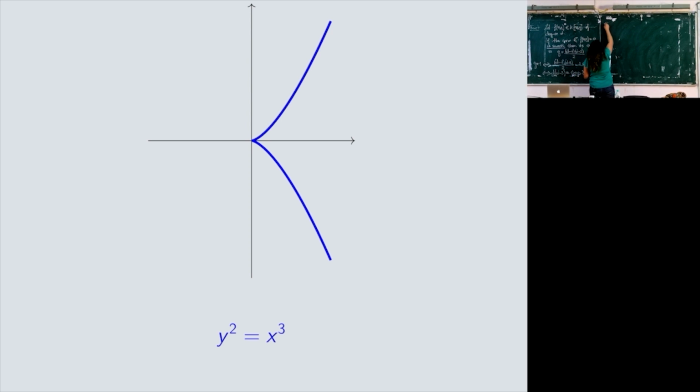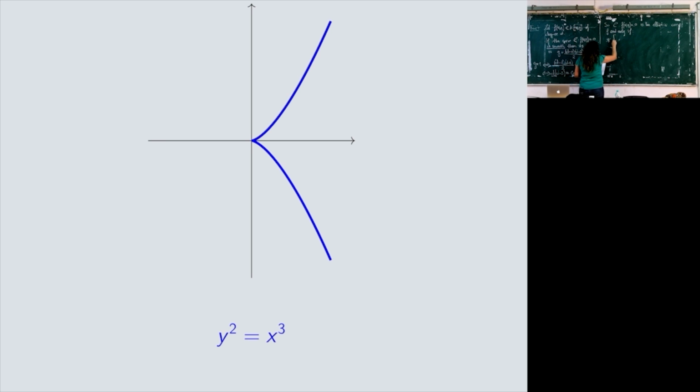So, my curve defined by a polynomial f(x, y) equals 0 is an elliptic curve if and only if the following things are true.